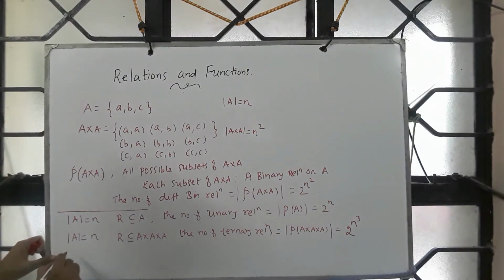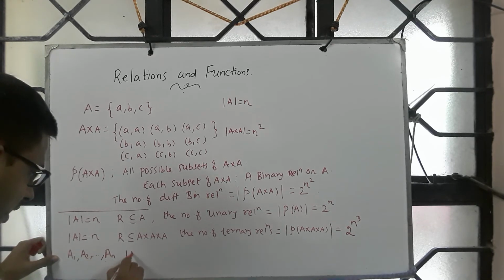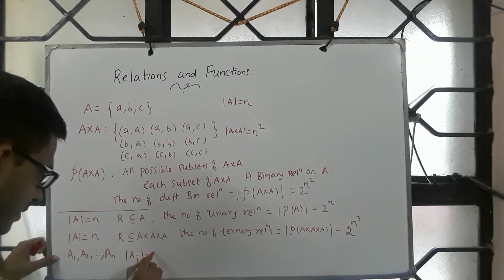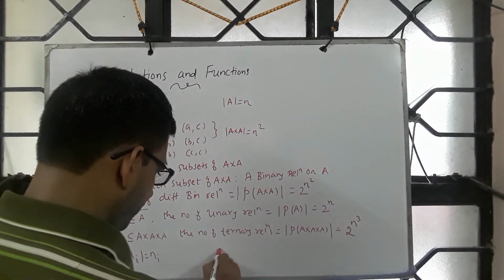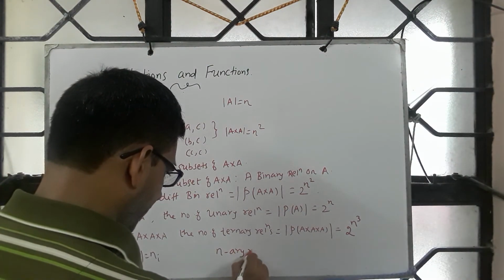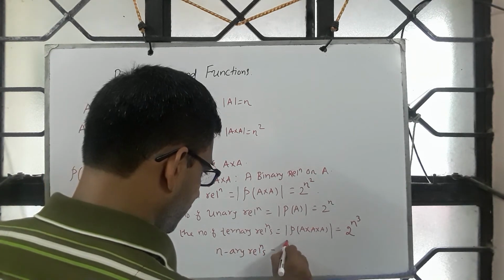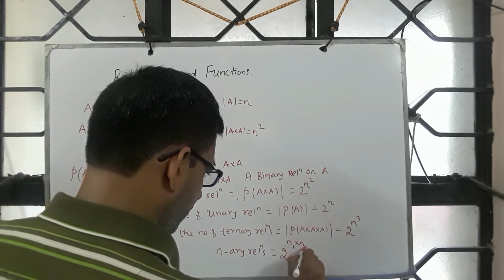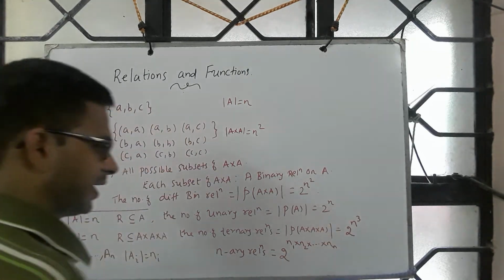So in general, you are given n sets A1, A2, so on up to An, with the cardinality of Ai being ni. Then the number of n-ary relations is precisely 2 power n1 into n2, so on up to nn.